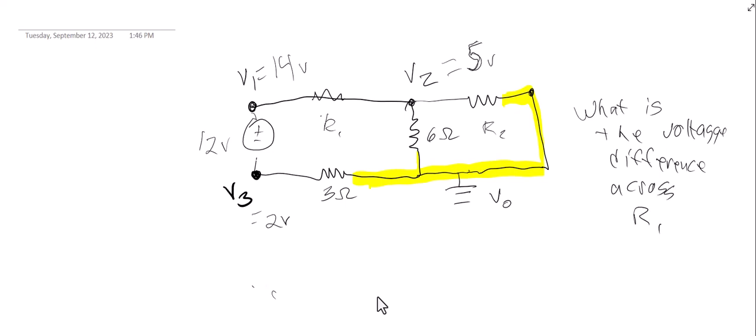So if I wanted to find out the voltage difference across R1, I need 2 things. I need to either know the current that goes through the resistor, or I need to know the voltages on either side of the resistor. In this case, I know the voltages on either side of the resistor. This side is 14 and this side is 5. And so the voltage difference across that resistor is just 14 minus 5. It's just 9 volts. You just subtract them. Now, on the other hand, if I knew the current, then the voltage difference across the resistor you find using Ohm's law.